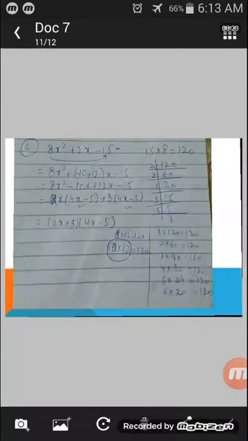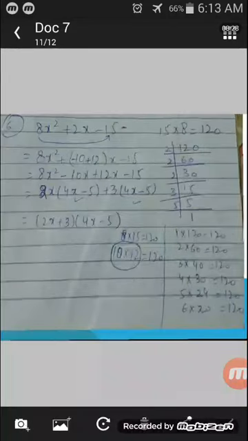Example number 6 is 8x square plus 2x minus 15, which equals 8x square plus minus 10 plus 12 into x minus 15. First of all, you multiply 15 into 8. The answer will be 120.